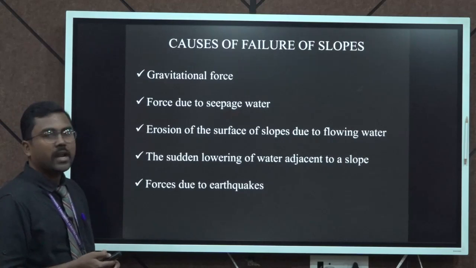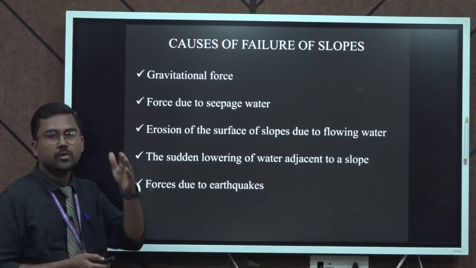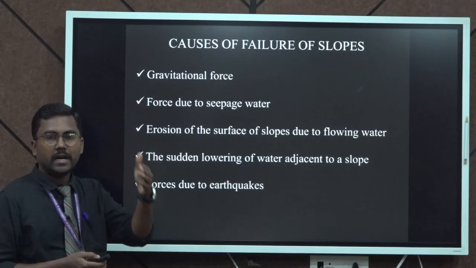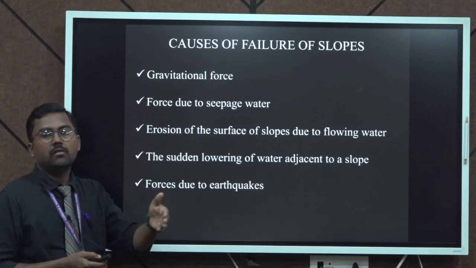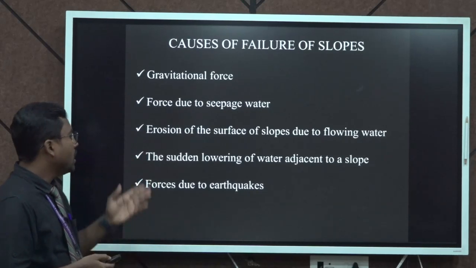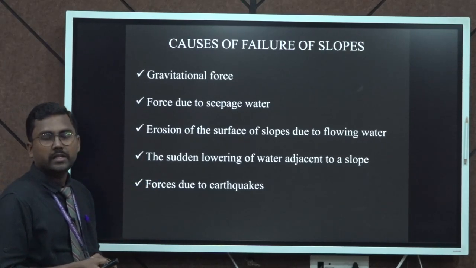The seepage will affect the bonding between the earthen material and will make the slope fail. Then natural erosion, the erosion of the slope caused by flowing water. It may be due to rainwater continuously falling on that slope, which causes erosion on the surface of the slope. Then the sudden lowering of the water in the adjacent area.